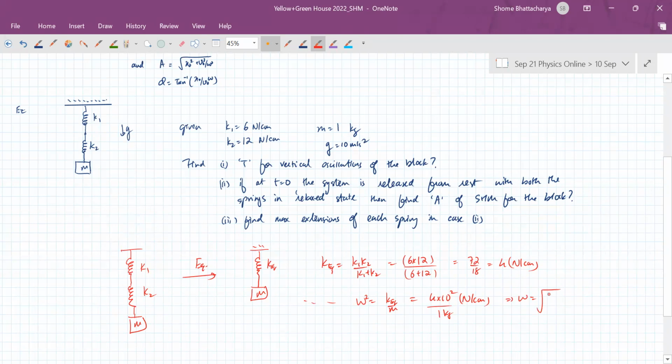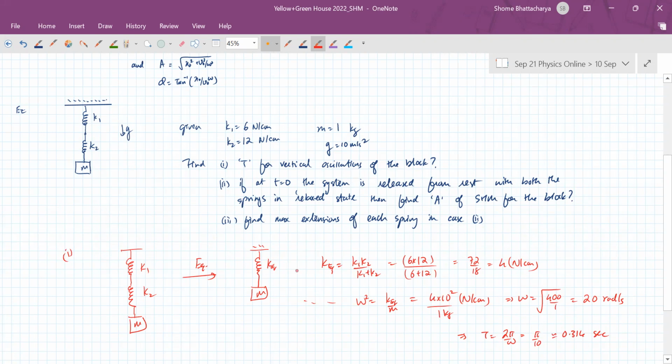Omega is square root of 400, 20 radians per second. Time period is... this is the first part.